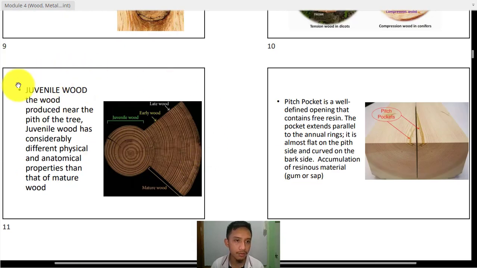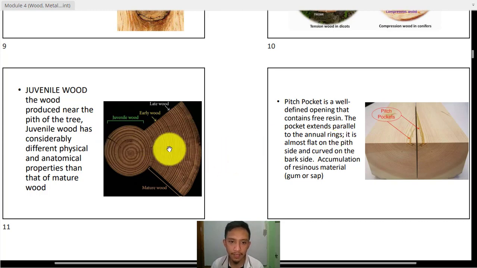And then we have also the juvenile wood. I explained this one a while ago, wherein we call this juvenile because this is the early age part of the tree. This is the late age or late wood. It means that this already has higher strength compared to the juvenile part, the earlier or lesser age annual rings of your tree.